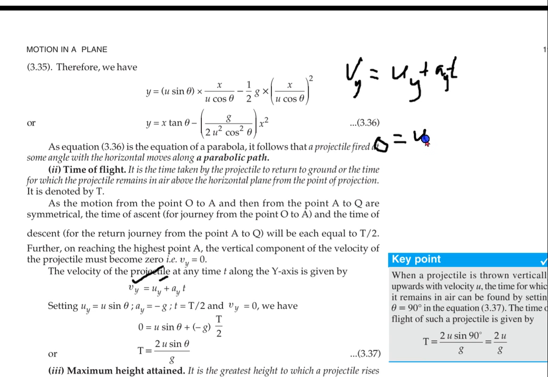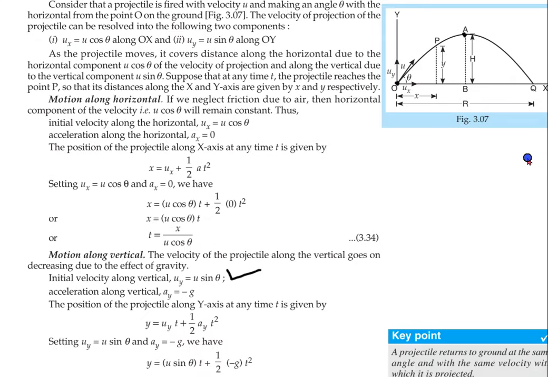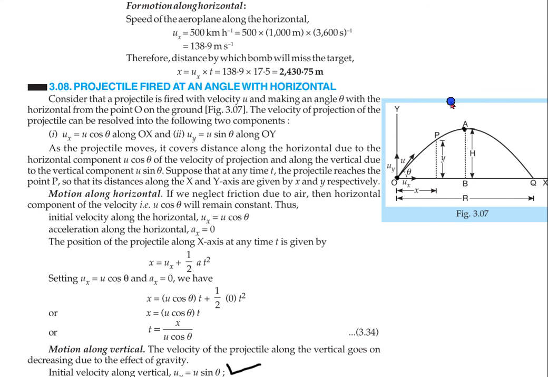Uy will be U sine theta, and Ay is minus g, because the particle moves upwards. Let T be the total time of flight. This point will be the half point, so in this part the time required is T by 2, and this also is T by 2.